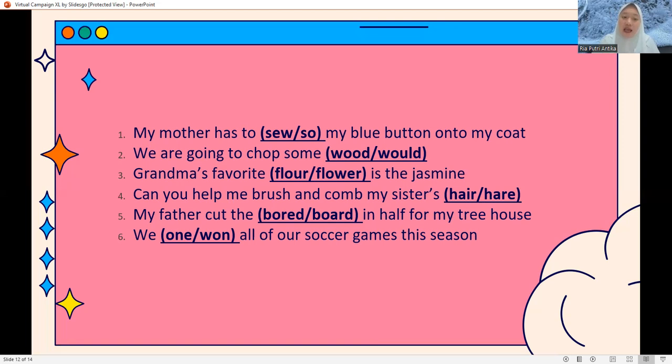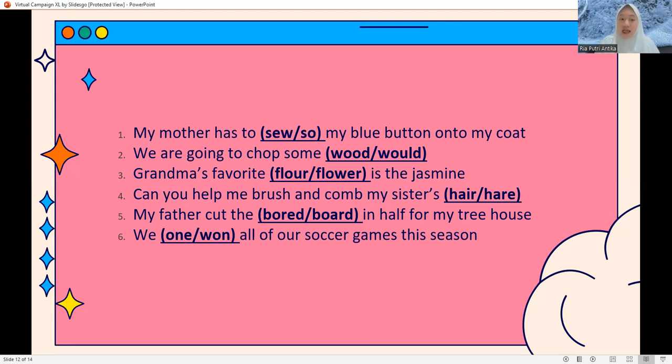And the next, grandma's favorite blank is the jasmine. Which one? Flower or flour? Okay, the correct answer is flower, bunga. Grandma's favorite flower is the jasmine. Jasmine is bunga melati.